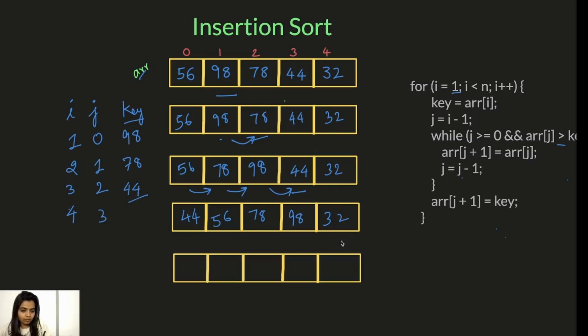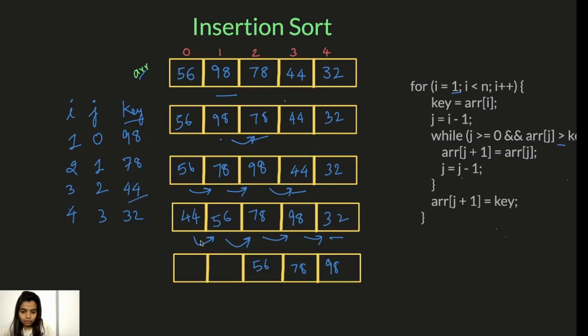Array of 4 is 32. Now 32 is our key. Now we check if array of j is greater than key. Yes, it is. So we shift it, 98. Is 78 greater than key, which is 32? Yes, it is. So we shift it again. Is 56 greater than 32? Yes. So we shift it again. Is 44 greater than key, 32?